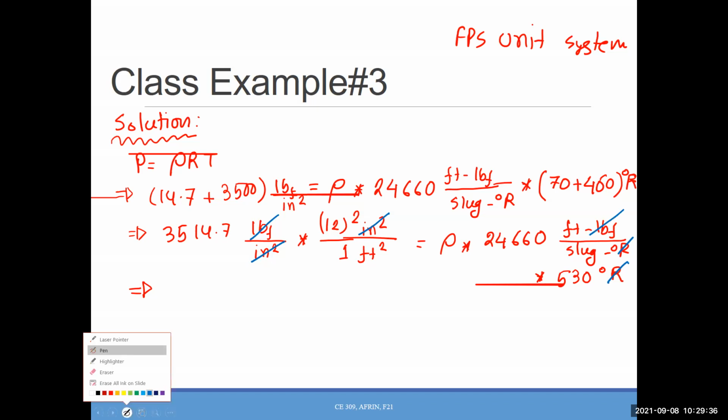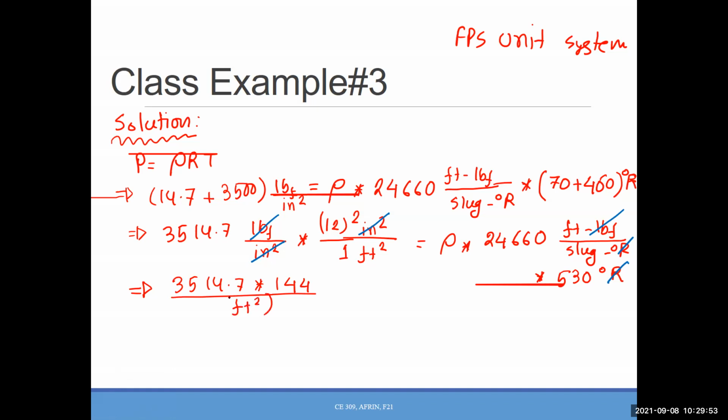So let's write it down. What is the final form we have here? So 3514.7 multiplied with 144 feet square, rho, 24660 pound feet per slug. Okay.